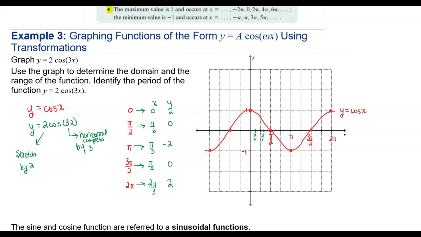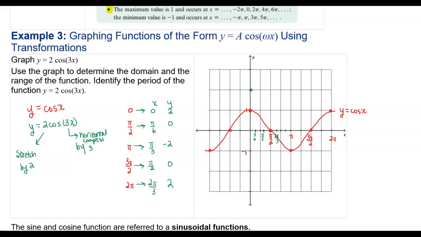And then we have pi over 2. And then after pi over 2, we get 4 pi over 6, which is 2 pi over 3. So now the entirety of our sine function is going to fit between 0 and 2 pi over 3.